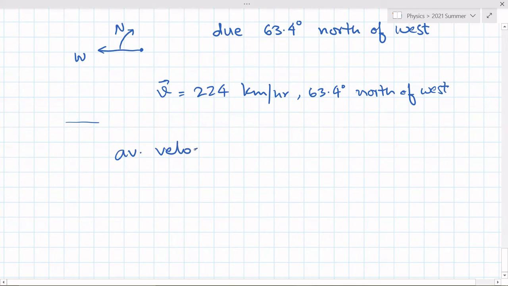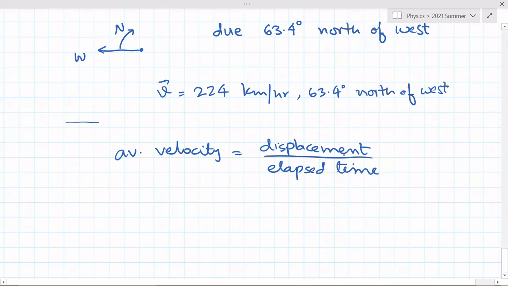Average velocity is displacement over elapsed time, right? So that doesn't change. That is still what was there before, correct? But now displacement is a vector, right? So this displacement you would find as the S vector, final position minus initial position over delta t.